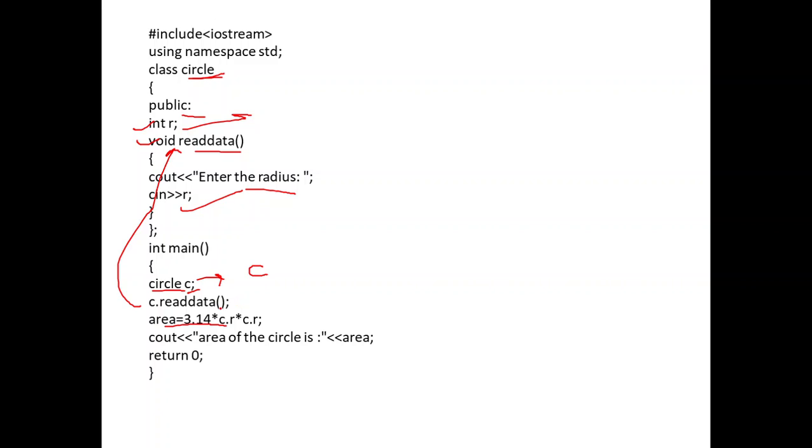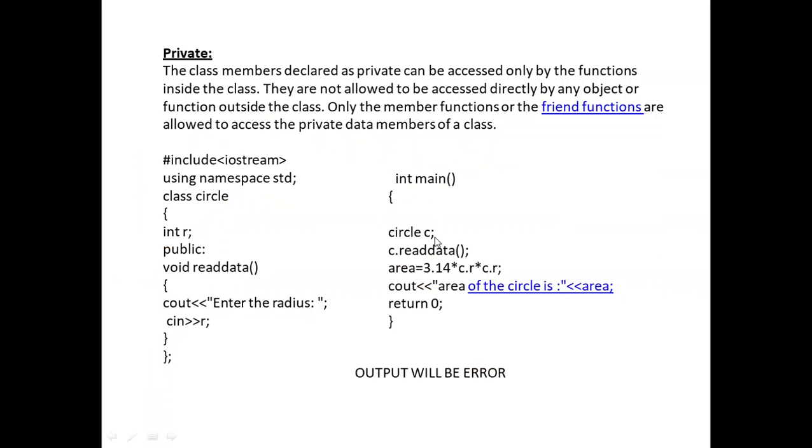Here we can see that this R is public. That means after this public is declared, this R is written, so R is public and all the member functions are public. So in the main function too, that means outside the class, where the class ends, if we call this R value, the program will run very easily. But in the case of private, we can see that R is written before public is declared.